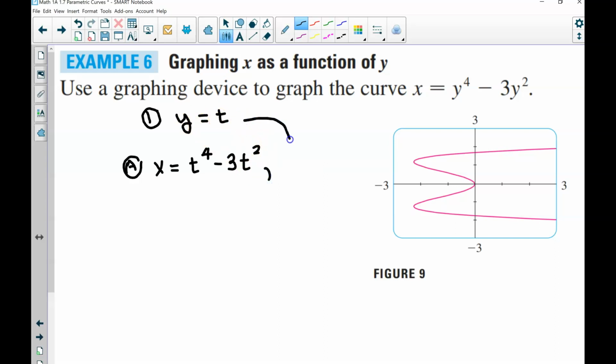Since we stated that y would equal t, there is our second parametric equation. So using these parametric equations to graph the curve, we can obtain the graph from figure 9. It would be possible to solve the given equation for y as four functions of x and then graph them individually, but the parametric equations provide a much easier method.